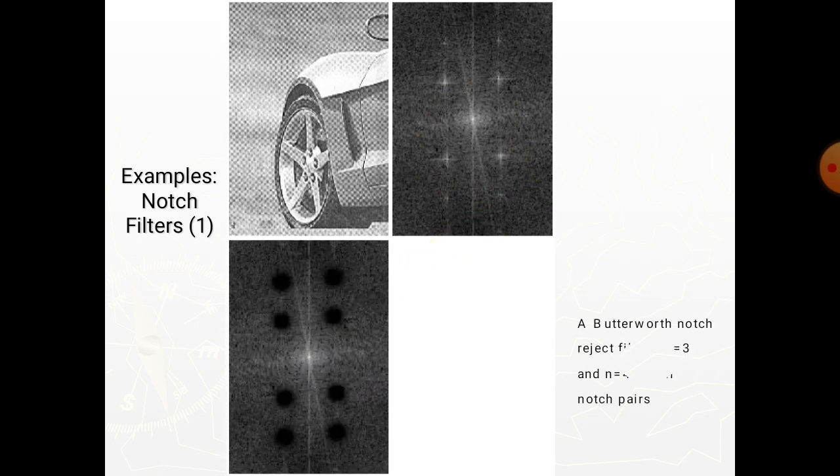Figure C shows the result of multiplying the DFT of figure A by the Butterworth notch reject filter with D0 equal to 3 and n equal to 4 for all notch pairs. The value of the radius was selected by visual inspection of the spectrum to encompass the energy burst completely, and the value of n was selected to give notches with mildly sharp transitions.